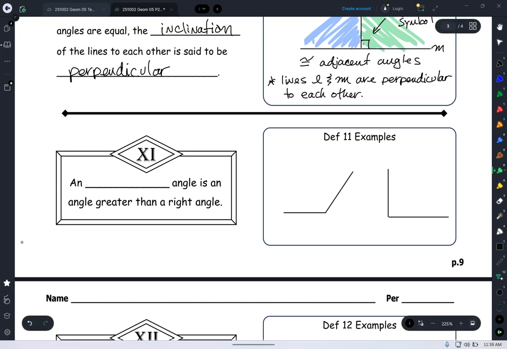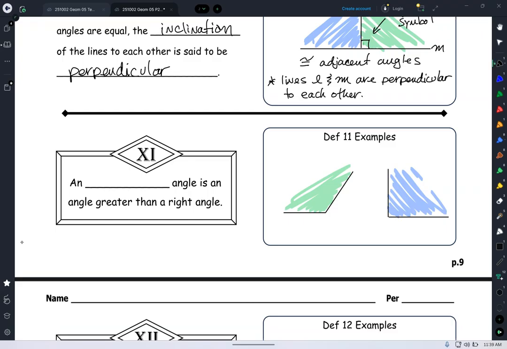So I'm going to color in here with my one color. And then I'm going to color in here with my other color. And I'm going to add this to my drawing here. See what I added there?